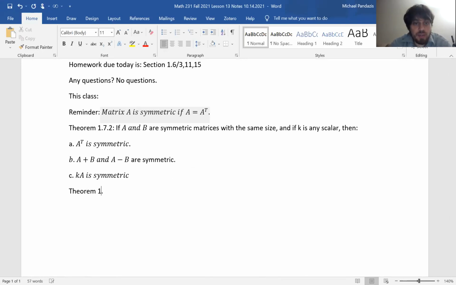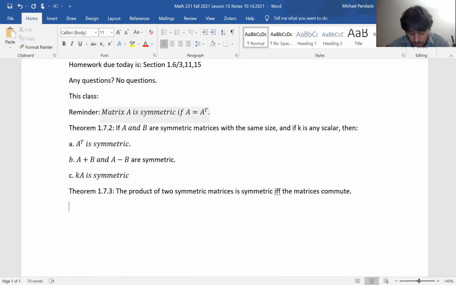And there's theorem 1.7.3. The product of two symmetric matrices is symmetric if and only if the matrices commute.